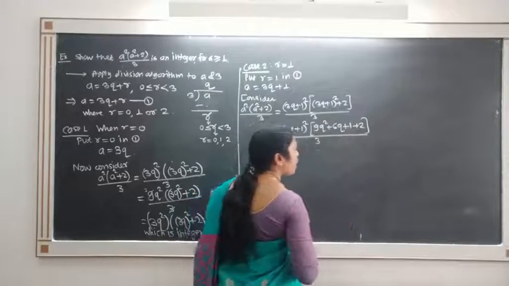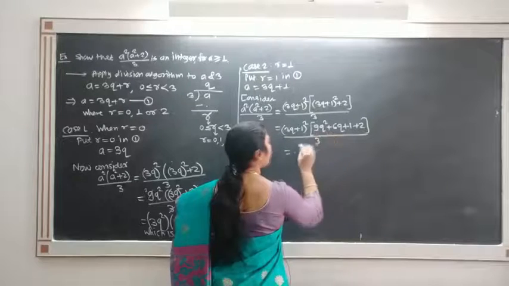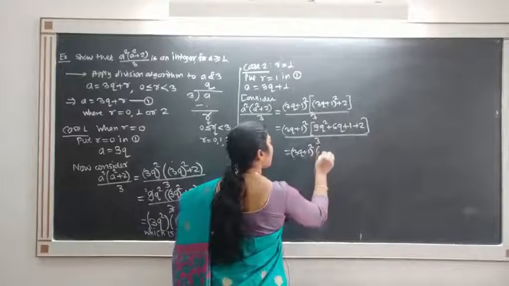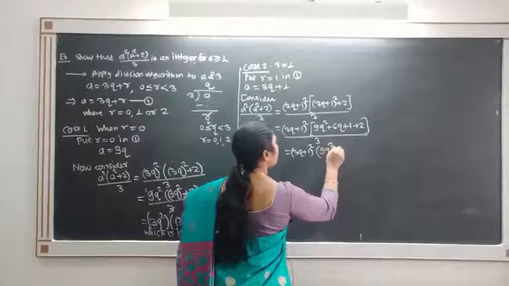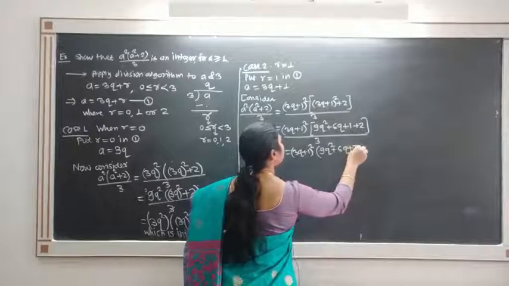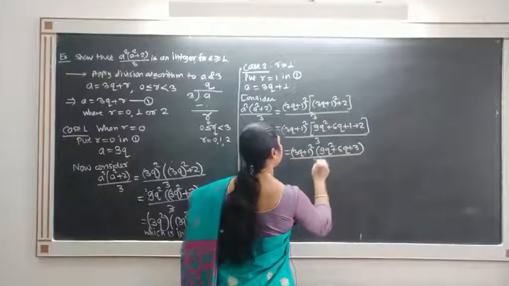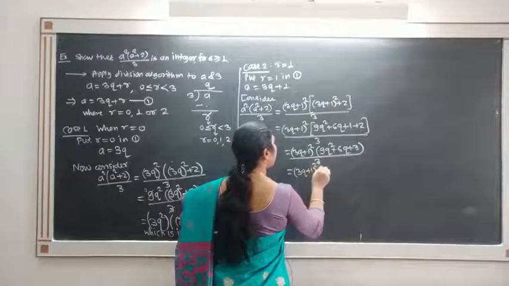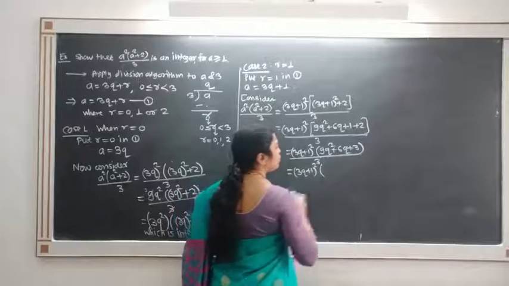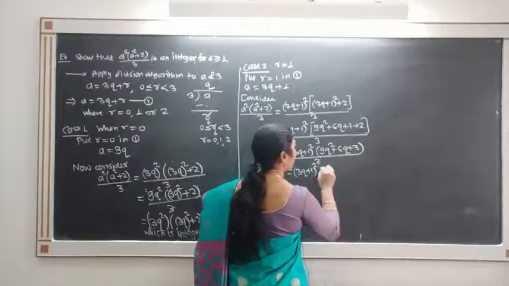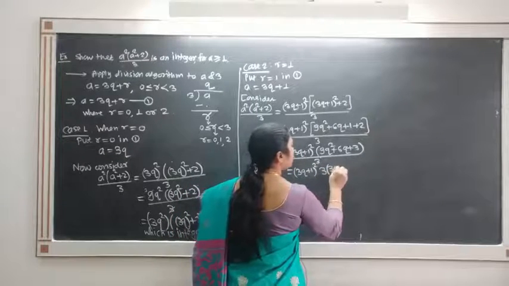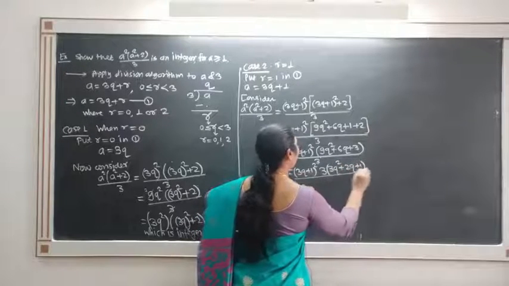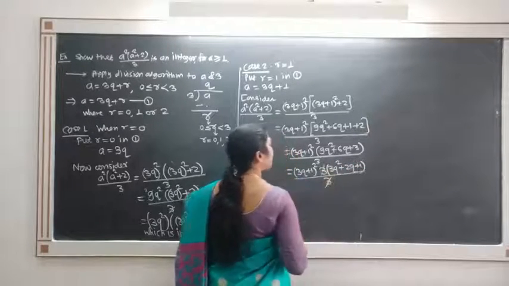Plus 1 plus 2 becomes 3. Take 3 common from this. So this is (3q plus 1) square into bracket 9q square plus 6q plus 3 divided by 3. This is nothing but (3q plus 1) square into bracket 3 common from the whole term, 3 into bracket 3q square plus 2q plus 1, upon 3, and the 3 gets cancelled.